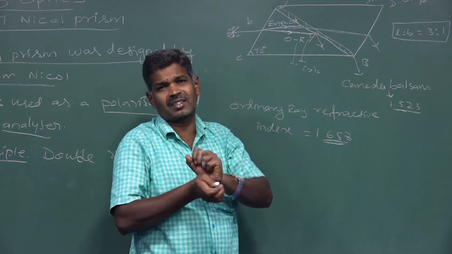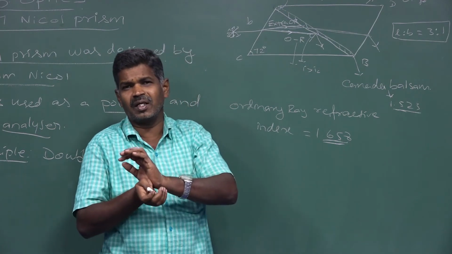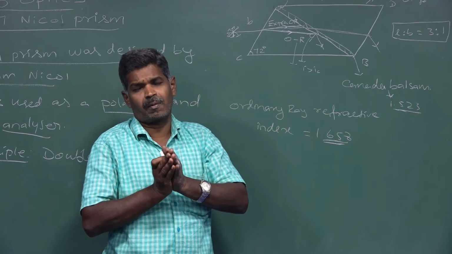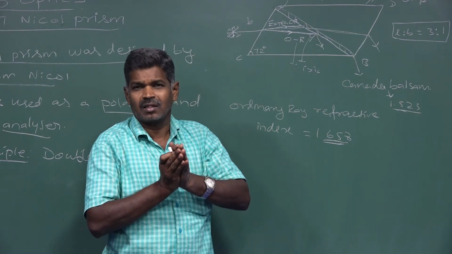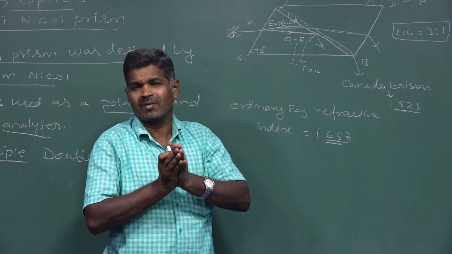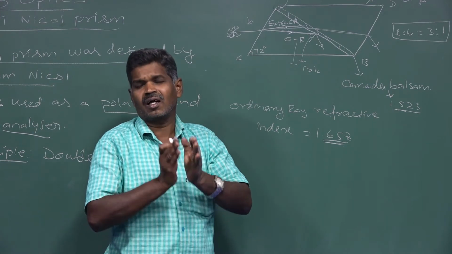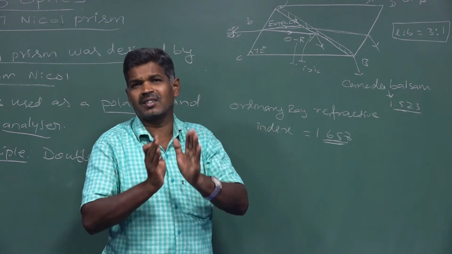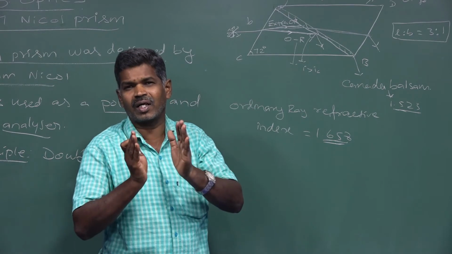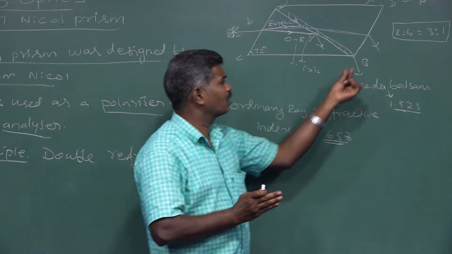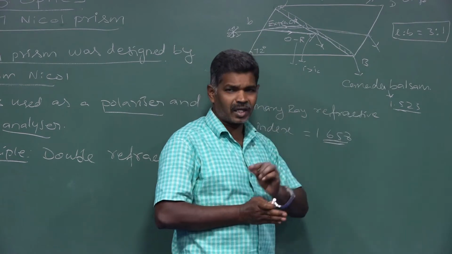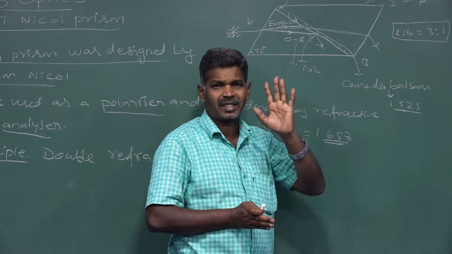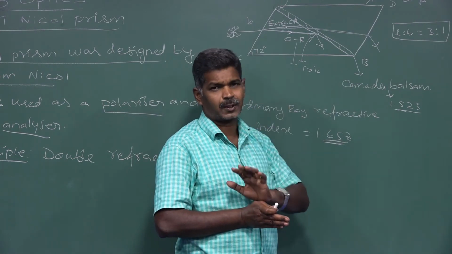If you rotate the crystal, the direction of the bending differs. The reason is that in different directions the extraordinary ray has different velocities as well as different refractive indices. That's why the emerged rays are deviated from their path.